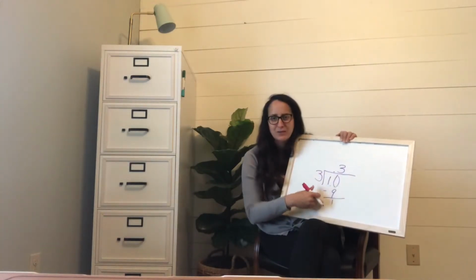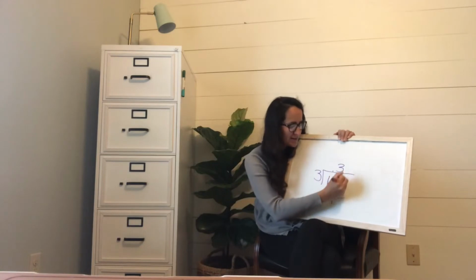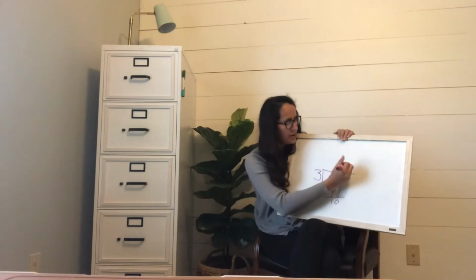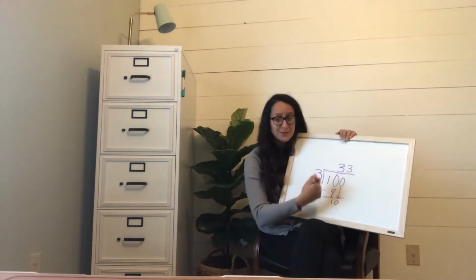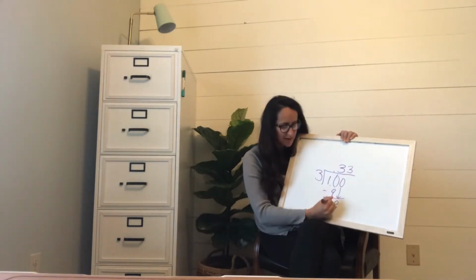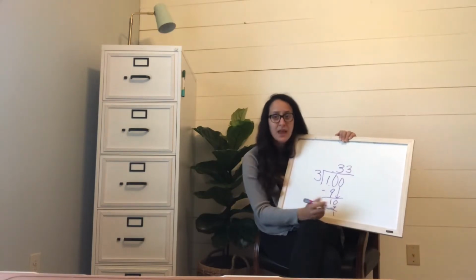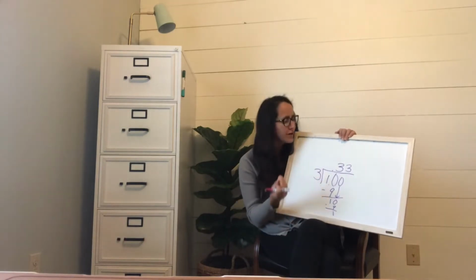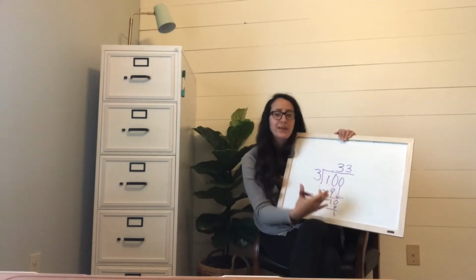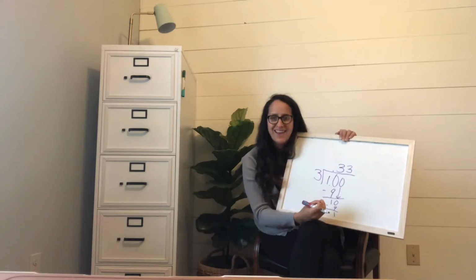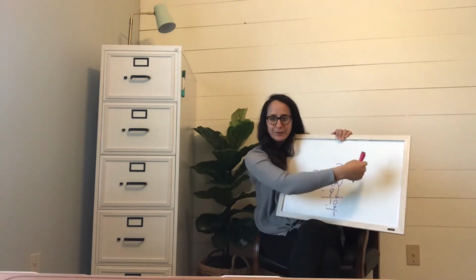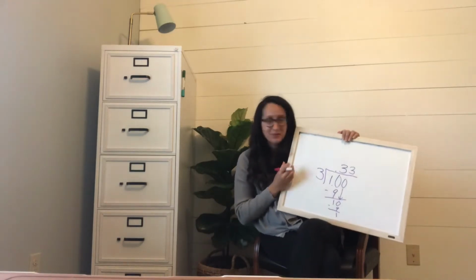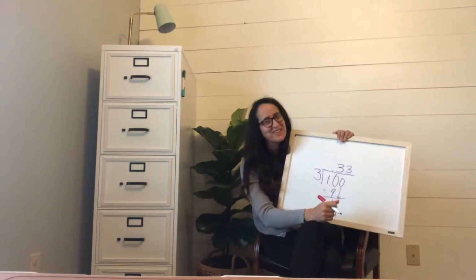Again, 3 can't go into 1. We're going to have to add a 0. 3 will go into 10 three times. 3 times 3 is 9. 10 minus 9 is 1. And that process is going to repeat over and over again. Honestly, we can sit here literally all day and we're just going to get 0.33333333333. So what do we do in this situation? Do you need to write 0.3333333? Absolutely not.